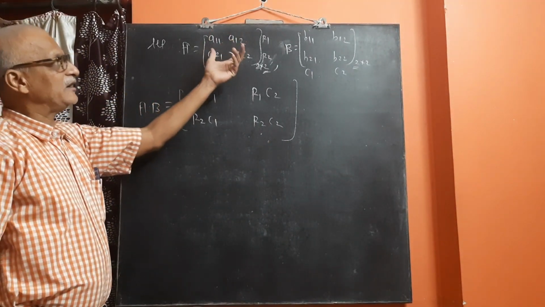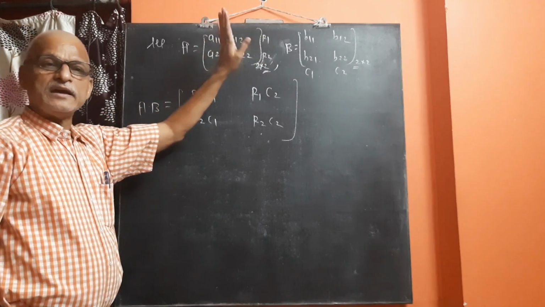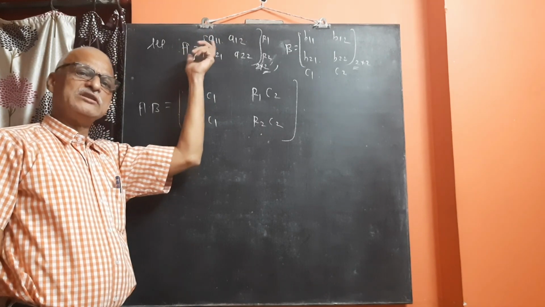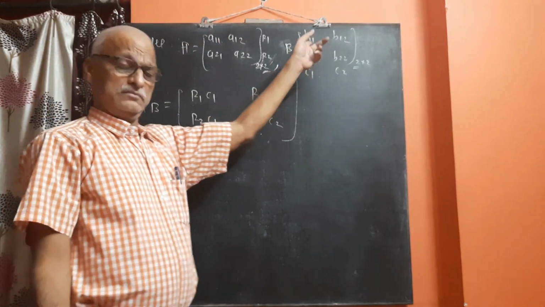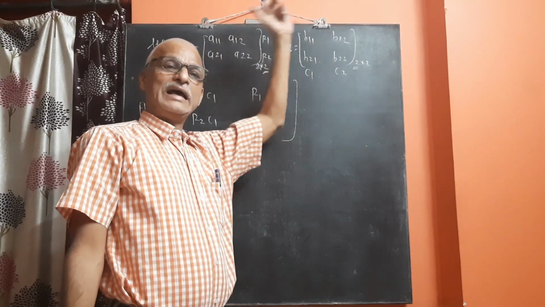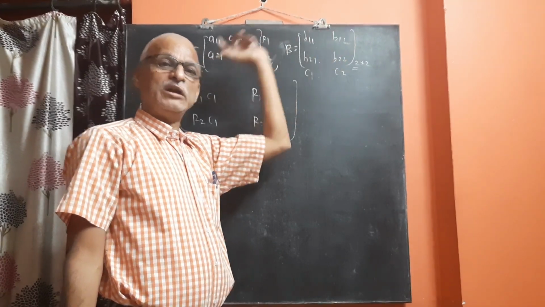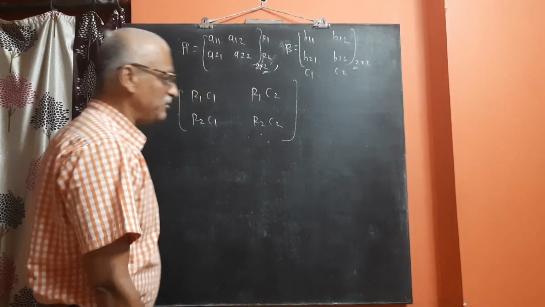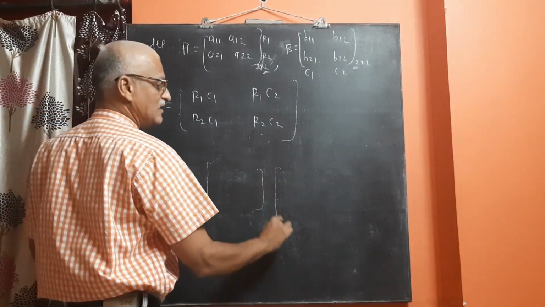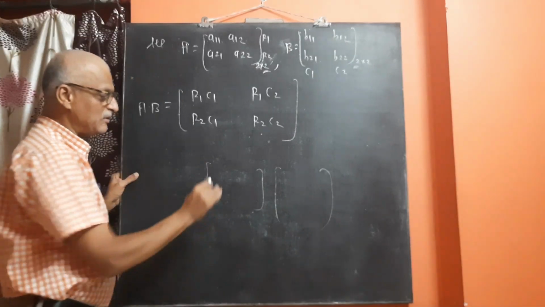I have not considered the column in the first matrix. I have considered only the rows in the first matrix and only the columns in the second matrix. In the first, row; in the second, column. While doing the multiplication of two matrices, suppose there are two matrices like this, first one and second one, then you have to always multiply in this direction.